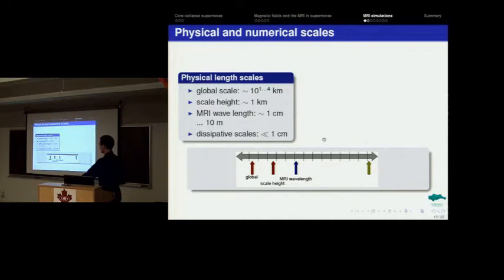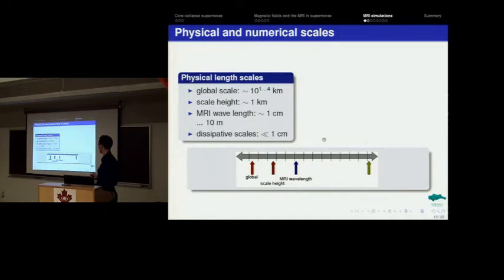Typically scale heights of pressure or similar quantities are of the order of 1 kilometer at the proto-neutron star, whereas the MRI wavelength, which we would like to resolve to get all those nice rapidly growing Alfvén modes, is of the order of a few centimeters or meters, and of course the dissipative scales are far below.